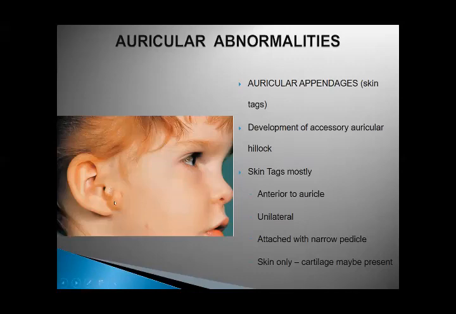Unilaterally होती हैं, hardly ever seen bilateral, and they have this thing. Please note, they have a very narrow kind of a pedicle. इसमें generally it is just skin. Sometimes you have the cartilage present in it, but by and large it is just skin.